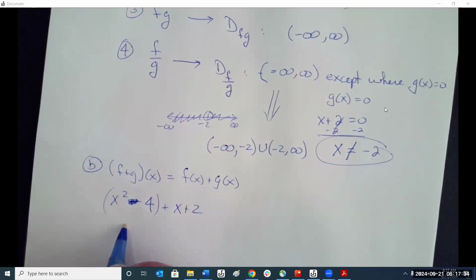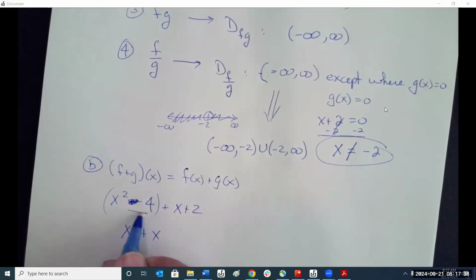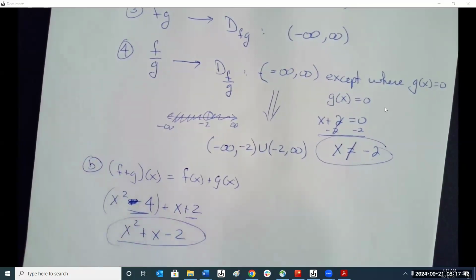Combine like terms, have x squared, and there's plus x. Negative 4 plus 2 is negative 2. There's f of x plus g of x.